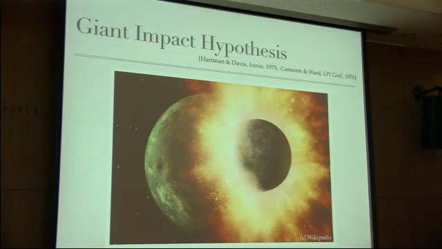This hypothesis assumes a Mars-sized body collided with the proto-Earth at the last stage of the formation of the solar system. Then this collision produced a lot of fragments around the Earth. And then these fragments accreted together into a big body. Then it became the Moon.